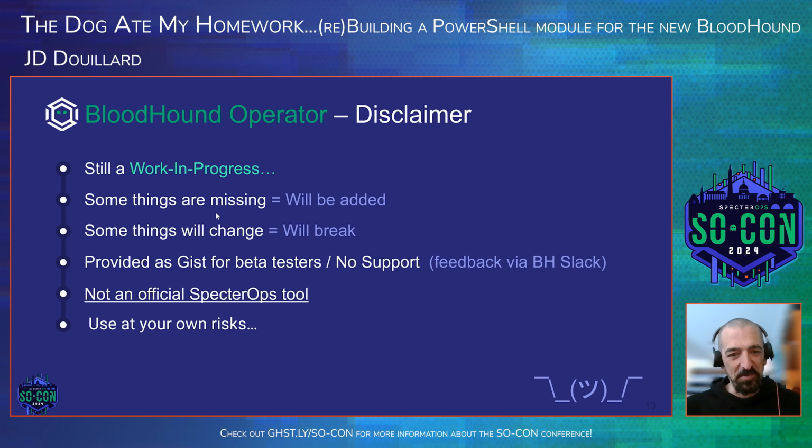So here I'm just removing Alice, and now if I do BH operator when name equal Alice, it's gone, and I'm expecting that if I go in the application, it's gone too. You saw it disappear. So that was creating regular users.